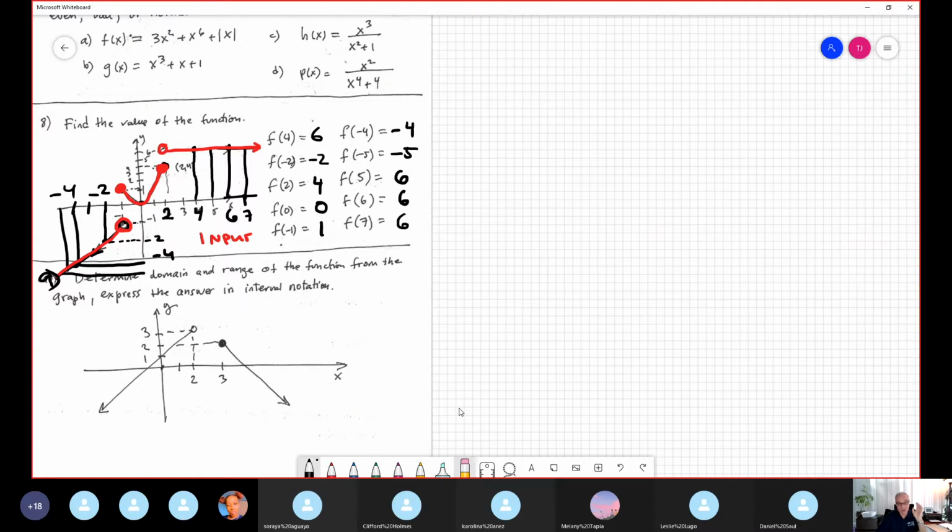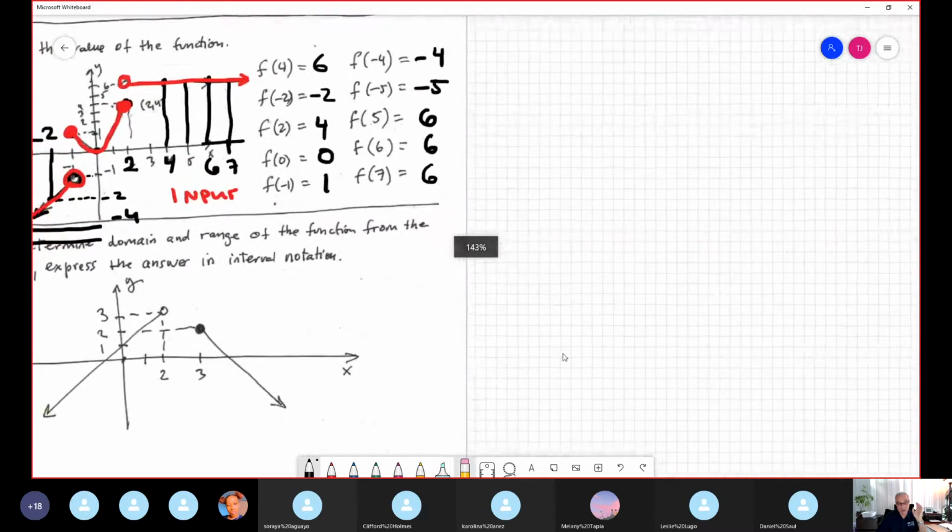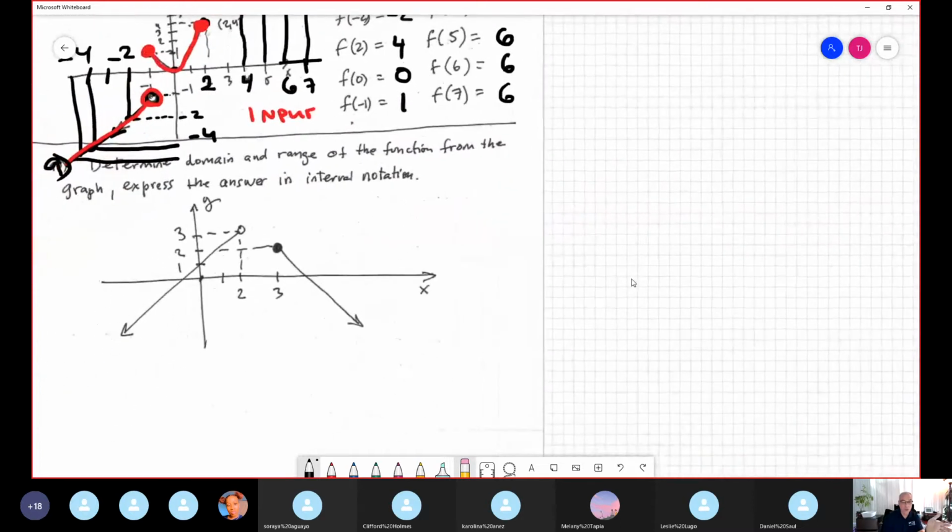Okay. So now, in number 9, actually it's 9, not 10, I give you a graph of the function again. And that graph is a little bit weird because it contains something like holes. One hole.